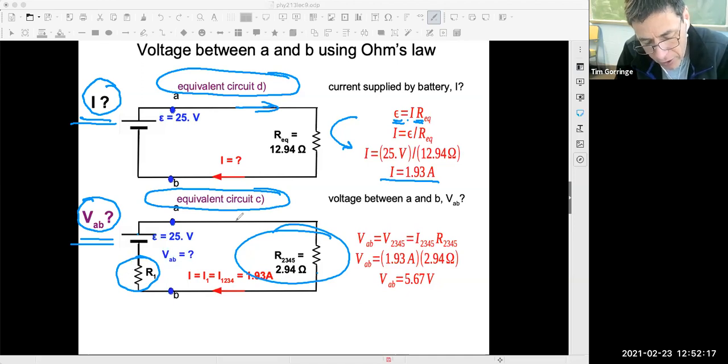That current, according to Ohm's law, will determine the voltages across the equivalent resistor on the right and the individual resistor over here on the left. And we can use that to figure out this potential AB, because that's simply the potential across this equivalent resistor on the right. So here's my working out.